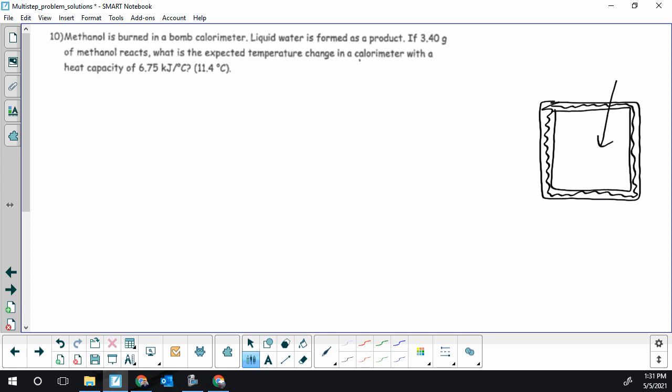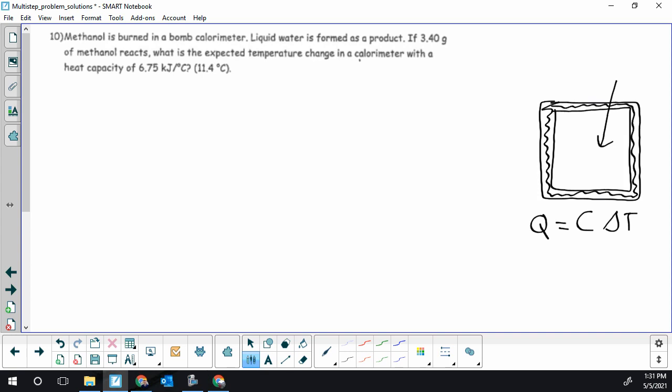And to solve for the amount of heat that goes into this bomb calorimeter, your Q equals not little mc delta T, but big C for this bomb calorimeter times the change in temperature of that calorimeter.